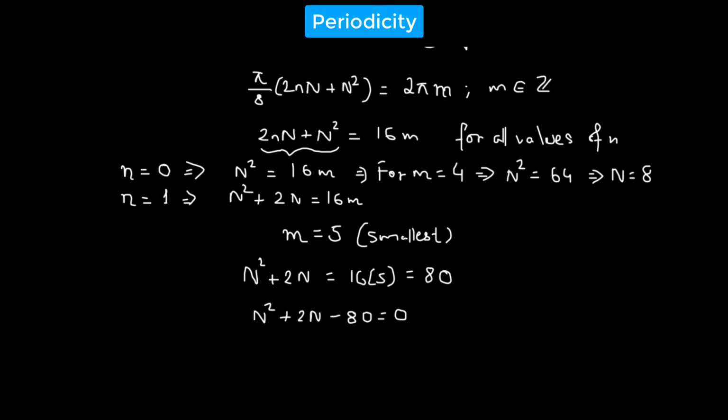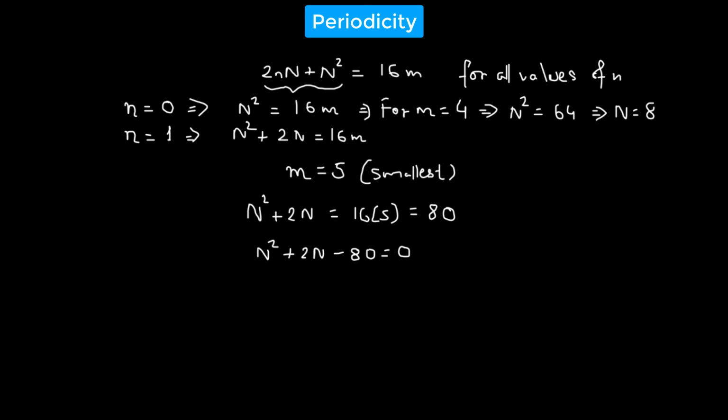So factorizing this equation, we have N squared plus 10N minus 8N minus 80, since 10 times 8 is 80. So that gives us N times N plus 10 minus, factoring out 8 from the third and fourth terms, 8 times N plus 10 equals 0.